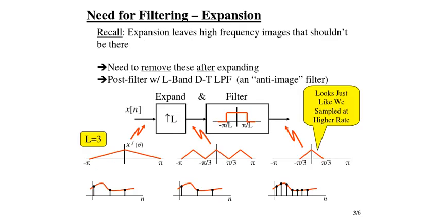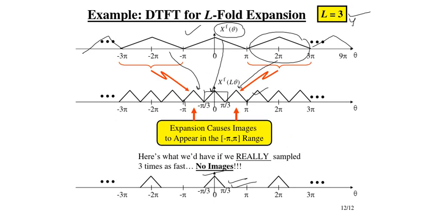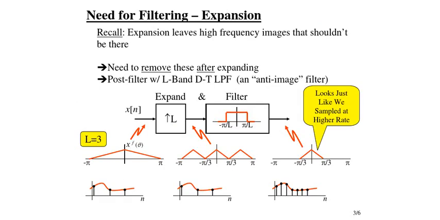Now the same thing applies to interpolation. For interpolation we have to use a post filter after interpolation. We know why: there are images, so other replicas also come into the range minus pi to pi, and to avoid those replicas we use a post filter. This was your original sample spectrum.